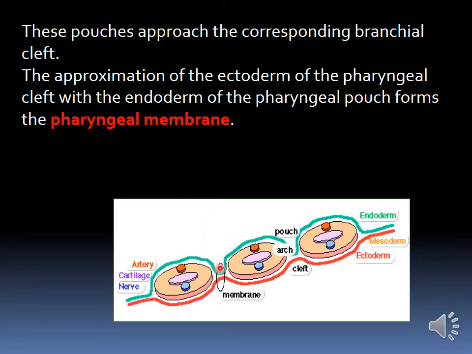Now, this structure represents the pharyngeal membrane, which is the approximation of the ectoderm from the outside with the endoderm from the inside. So each pharyngeal apparatus is composed of pharyngeal arches, clefts, pouches, and membranes.